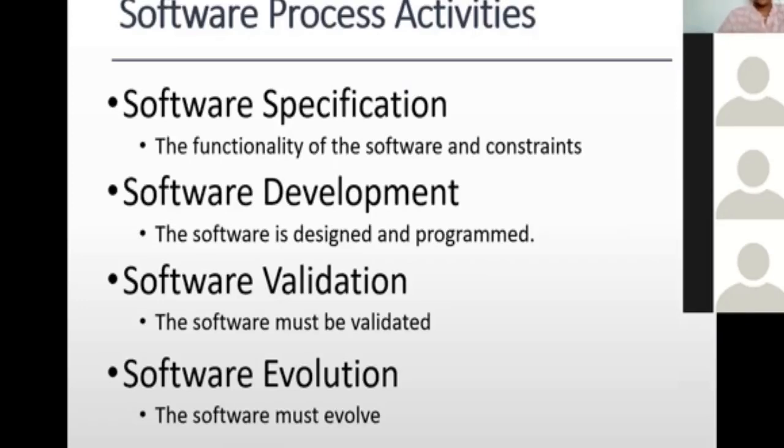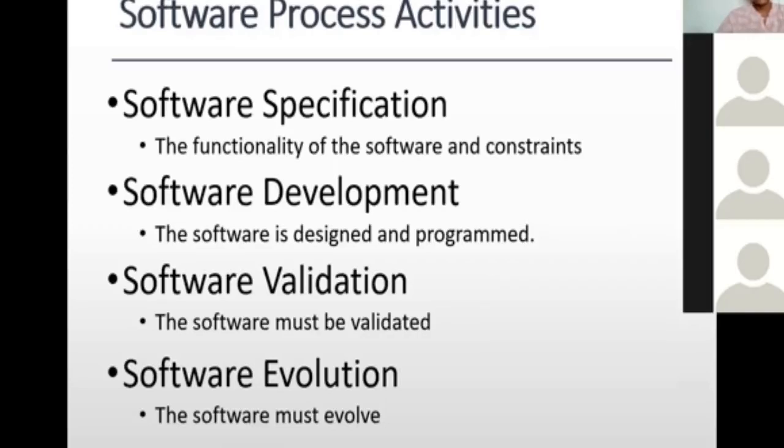Under software specification, we are gathering the requirements, analyzing them, and identifying the requirements for the functions properly. Now, when it comes to a fingerprint-based ATM, we can ask what the customer needs from this kind of software. And according to the customer requirements, we have to identify the exact functions.